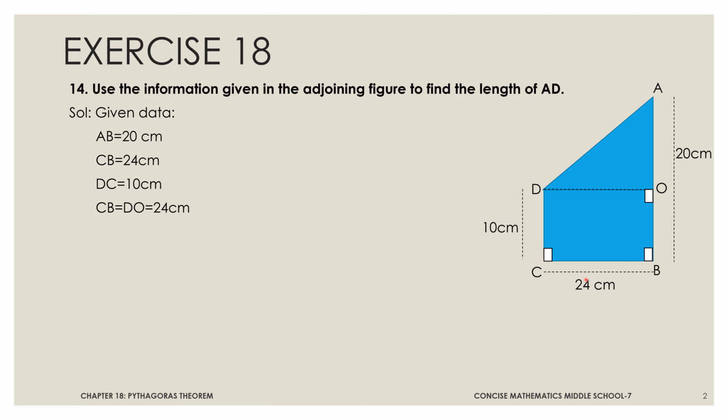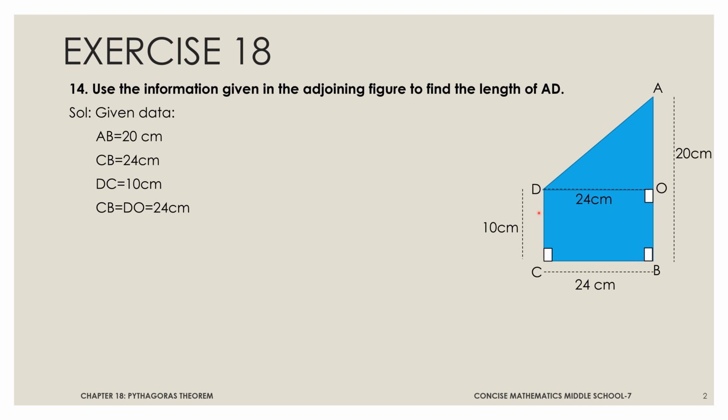For a rectangle, the opposite sides are equal, right? Opposite sides are equal. That means if CB is 24 centimeter, then even DO will be 24 centimeter. Is it true? Yes.